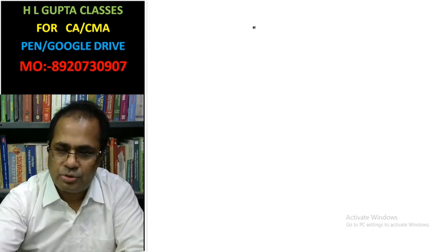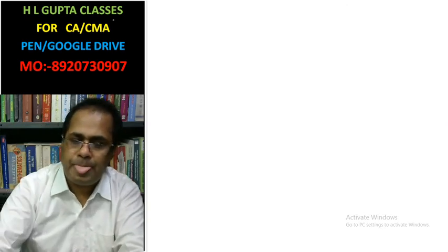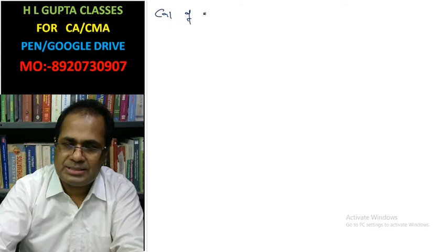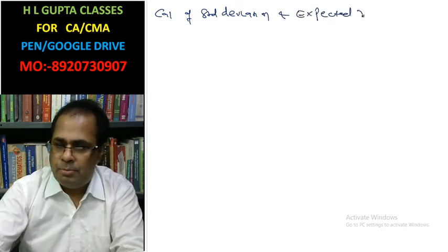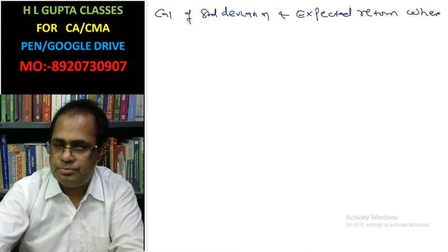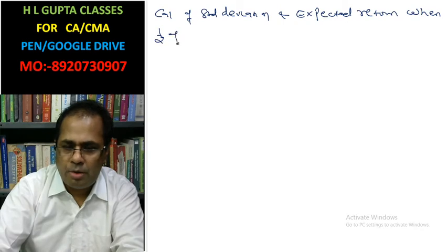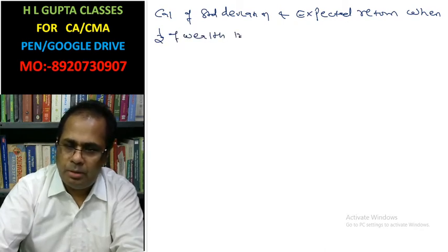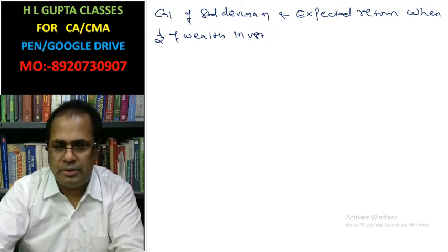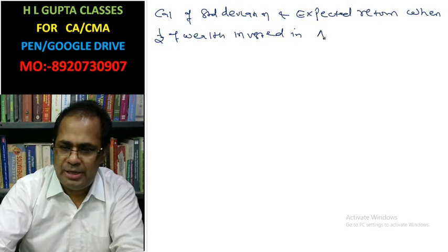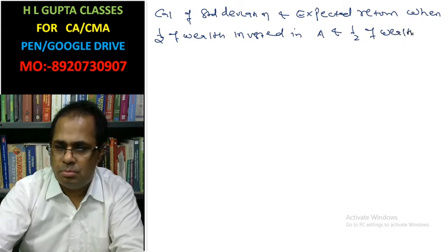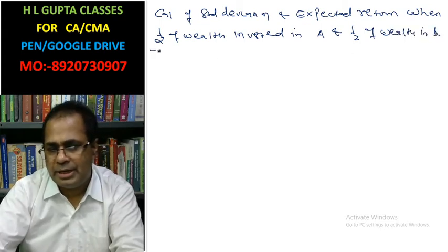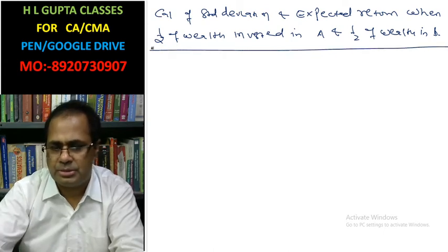Okay, in this case I am going to solve the calculation of standard deviation and expected return when half of wealth is invested in A and half of wealth in B. In this case you have to calculate expected return and standard deviation.